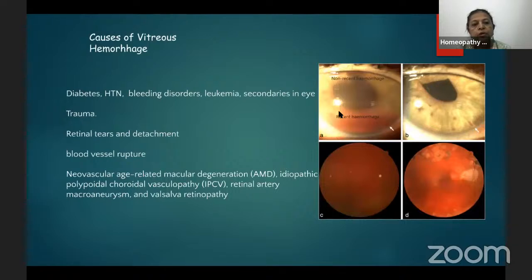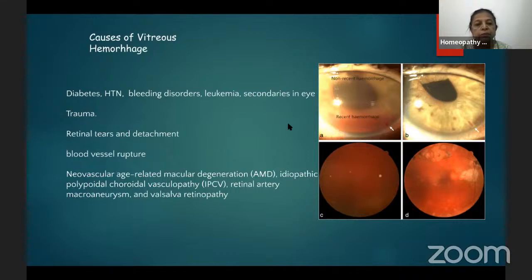Now, let us talk about what the causes are. So we have to ask first, very important, if it is in one eye, usually there is a history of trauma. So we have to ask about a history of injury on the eyeball or somewhere near the head.